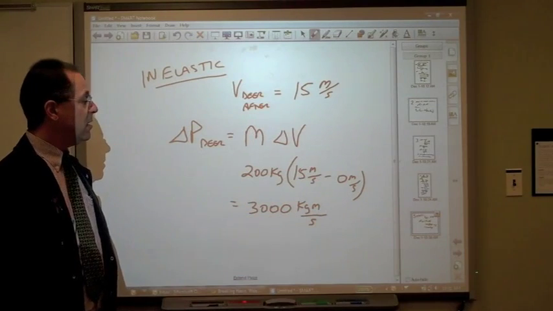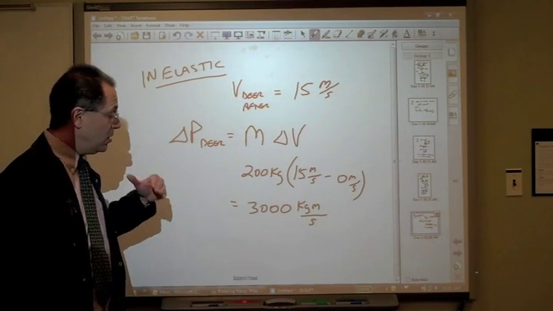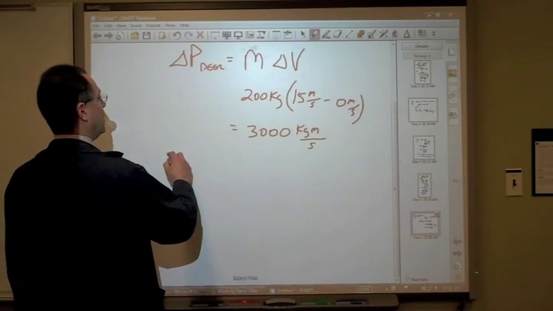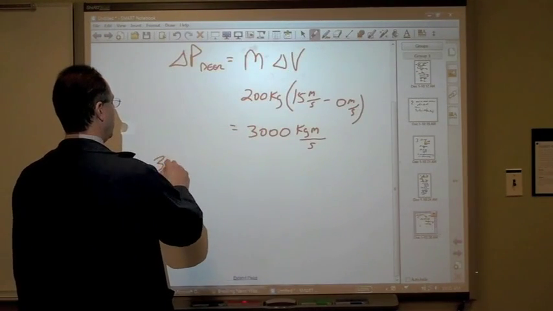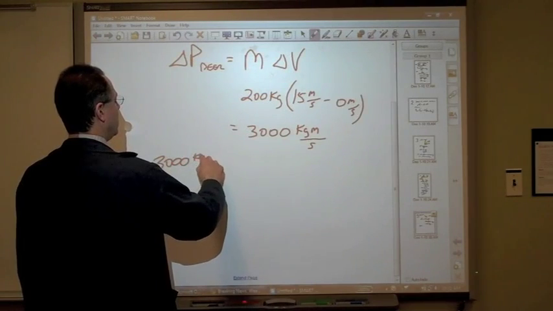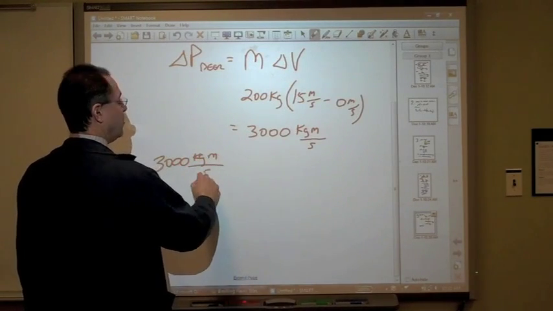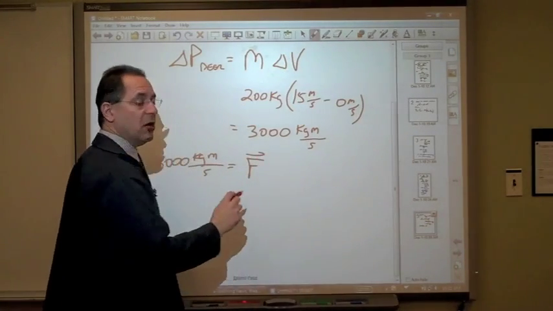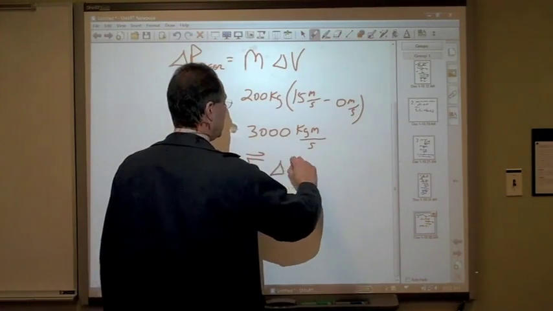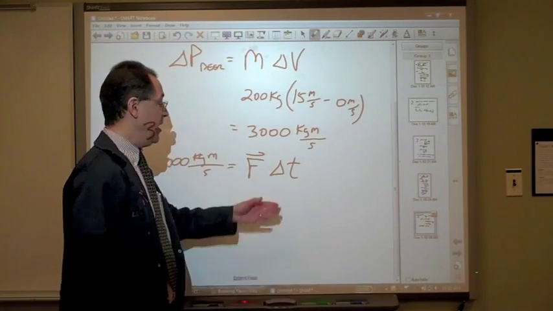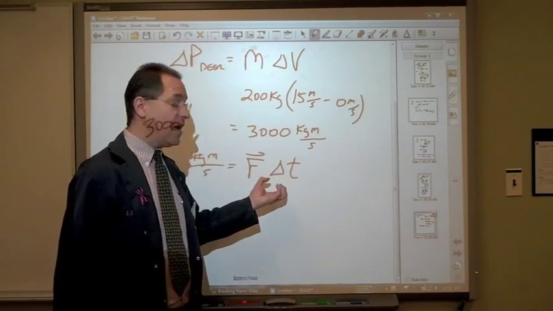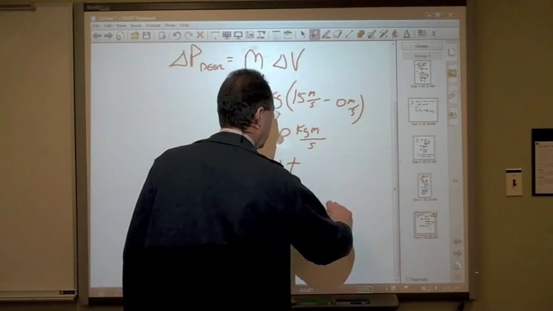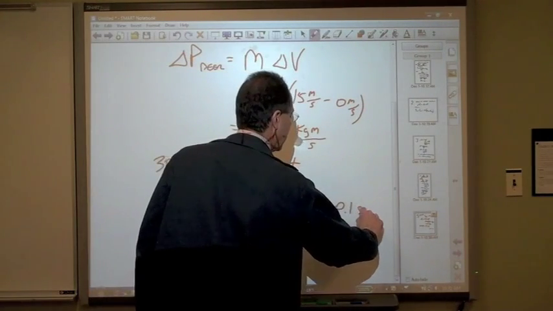And if we put that into our impulse formula, okay, this change in momentum, 3,000 kilogram meters per second for the inelastic collision, is equal to the force on the deer times the time over which the force was applied. And again, we're going to assume that the contact time was only about a tenth of a second. So delta t is equal to 0.1 seconds.